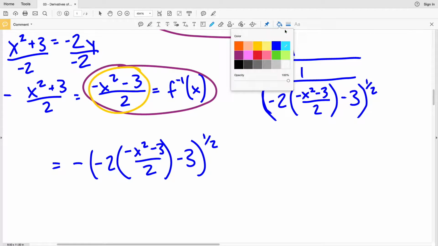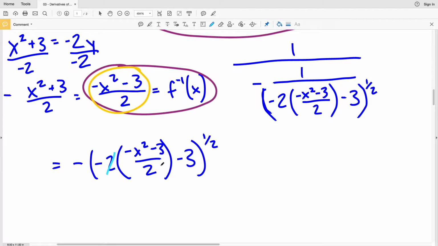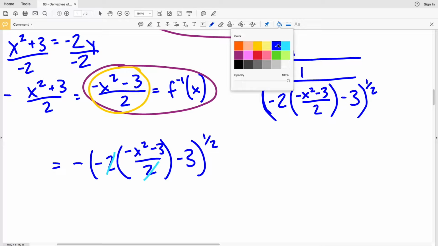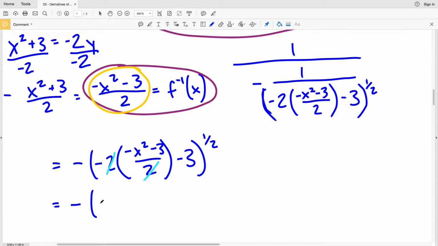And simplifying, you'll see that my 2 and 2 will cancel out, so I'll have negative, or the opposite of negative x squared, which is a positive x squared, and then a negative times negative 3 will be plus 3, and then I'm subtracting 3 from that, and that's all raised to the 1/2.